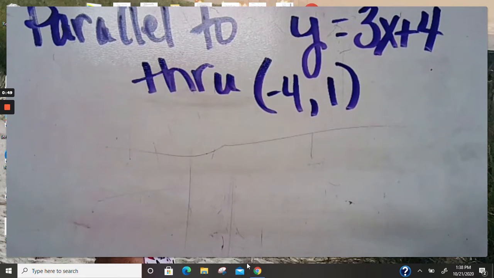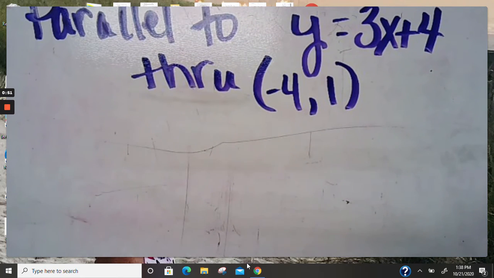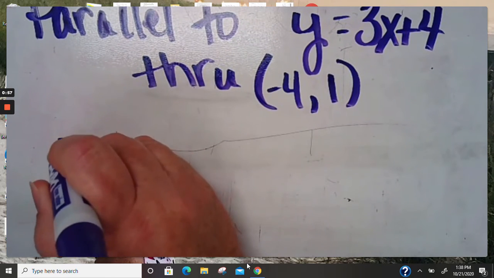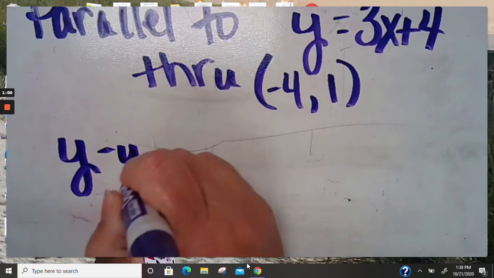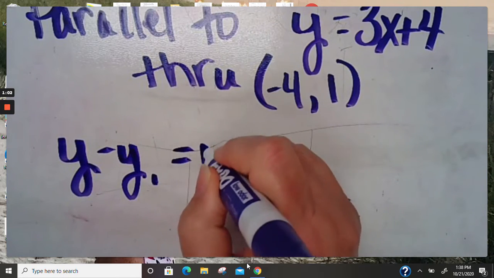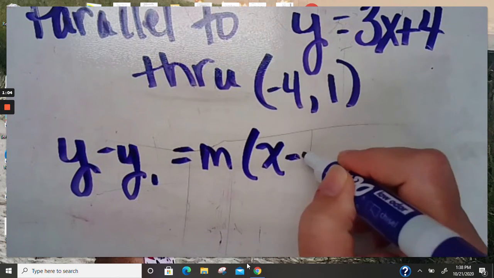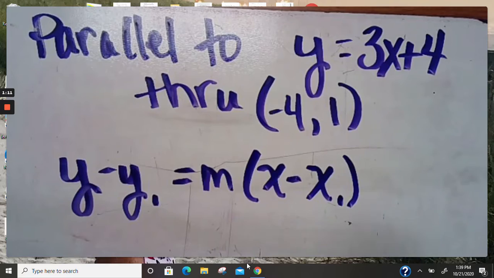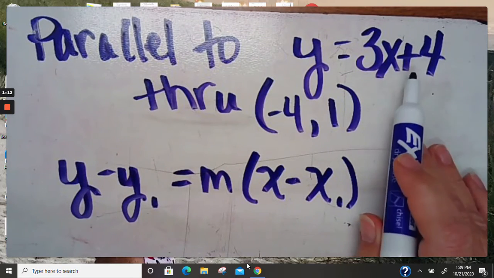Okay, we want to know the equation of a line parallel to this line that passes through this point. If you remember from Algebra 1, you had a point-slope equation that looked like this: y minus y from the point equals the slope times x minus x from the point. We want it to be parallel to this, so what's the slope of this line?